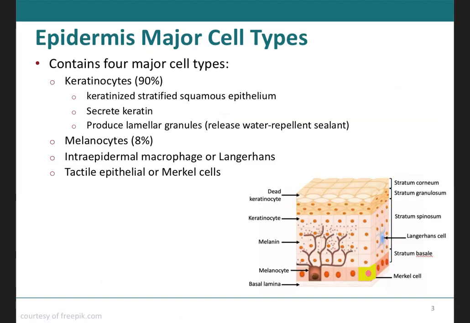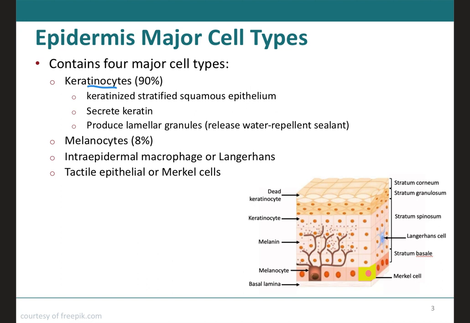In the previous slide, we talked about the different cell layers, and here we're going to be talking about the major cell types. We did talk a lot about keratinocytes, which are the ones that mainly constitute the epidermis. So 90% of the cells present in the epidermis will be keratinocytes.